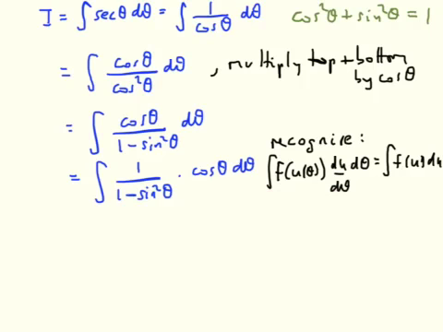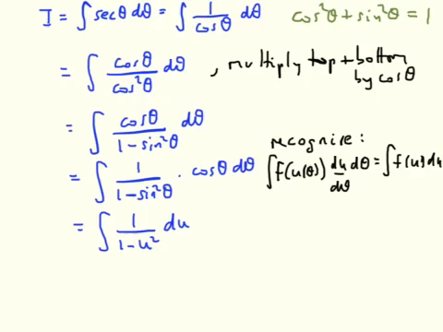and this means that we can rewrite our integral here as the integral of 1 over 1 minus u squared with respect to u. So this follows just from using this formula with u being the sine of theta.